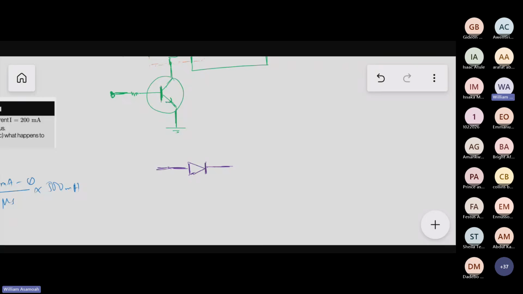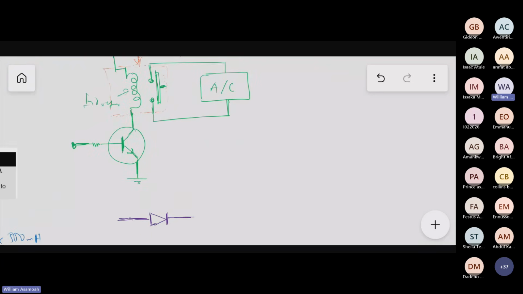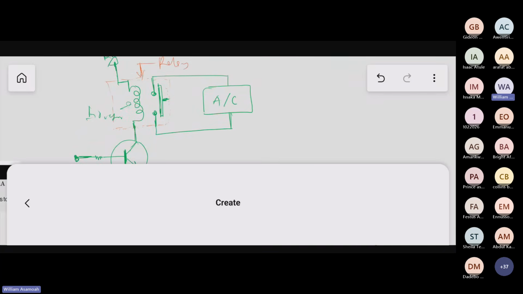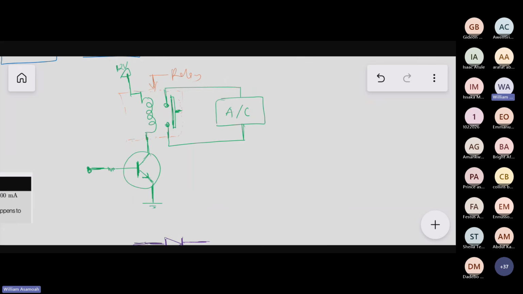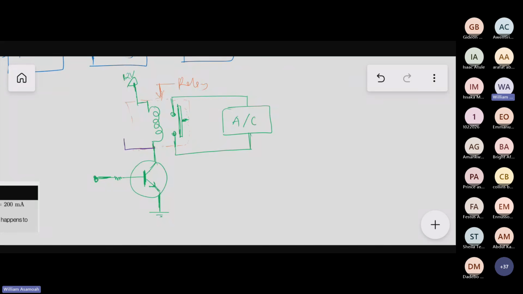So what we do is that we connect this diode in reverse. So we'll connect it here. We'll pick our diode here. Then we'll connect it here like this.